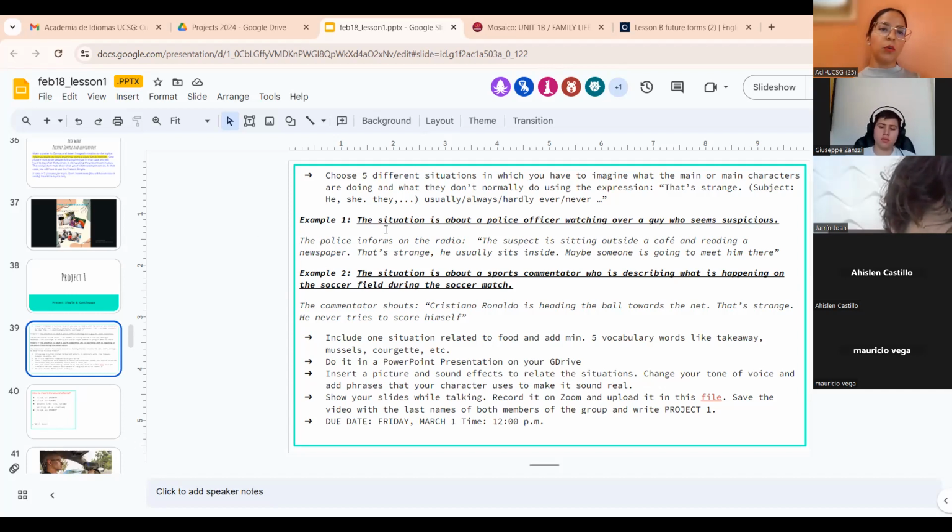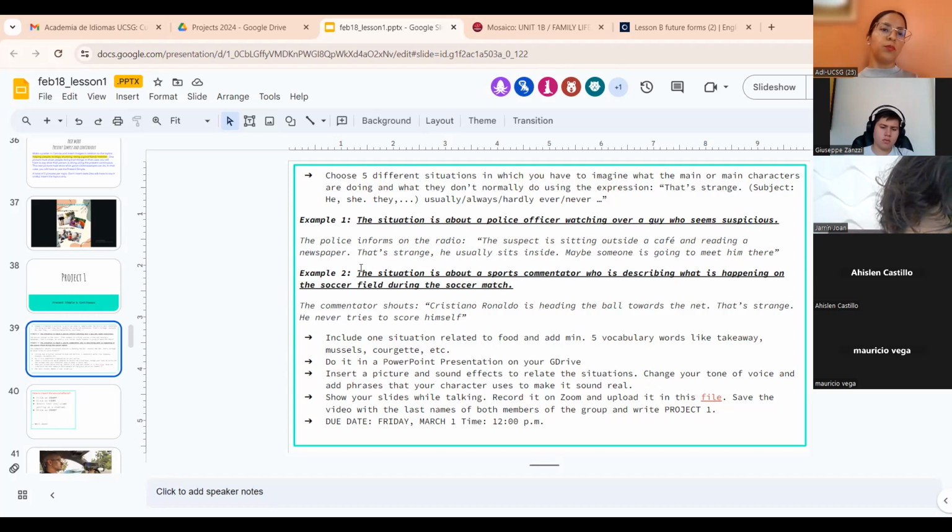So the police informs on the radio the suspect. What is the suspect doing? The suspect is sitting outside a cafe and reading a newspaper, and then this expression in present simple. That's strange. He usually sits inside, maybe, blah, blah, blah. Okay, that will depend on what the situation could be and what you decide to include in there.